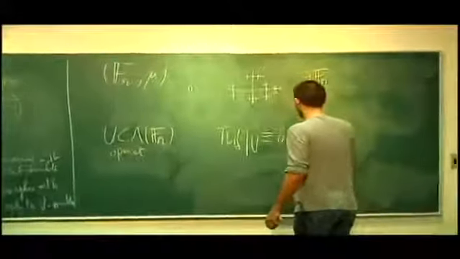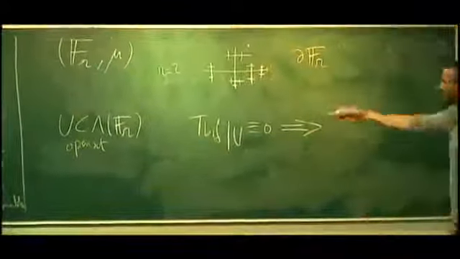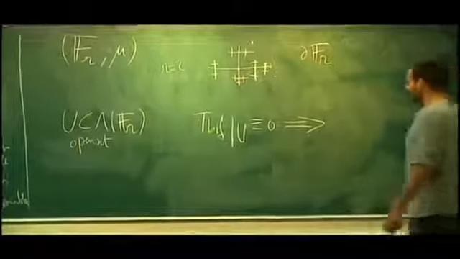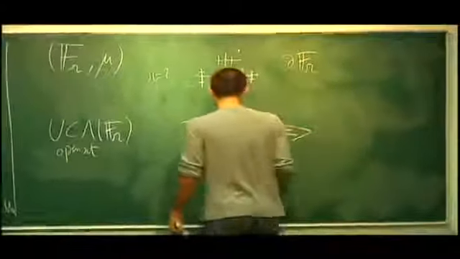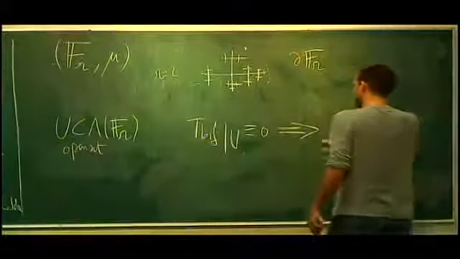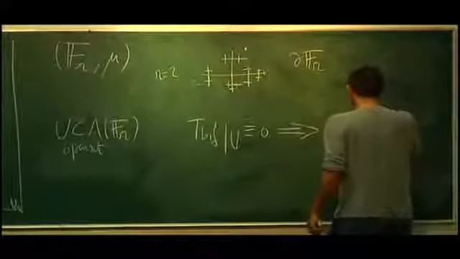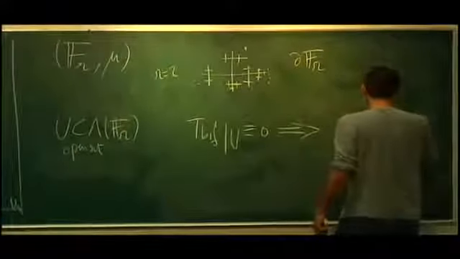This is the hard part. The other part is really easy: it implies that U is in the stability locus.